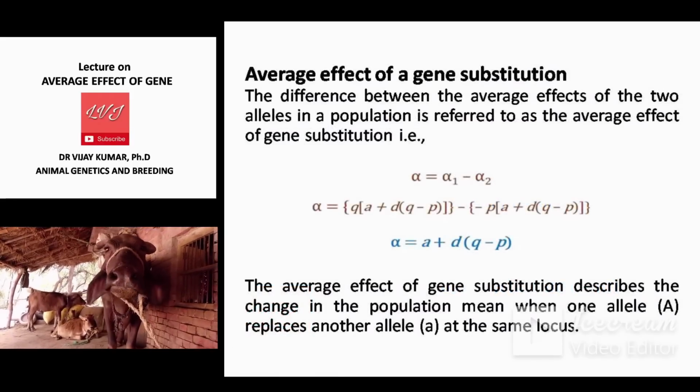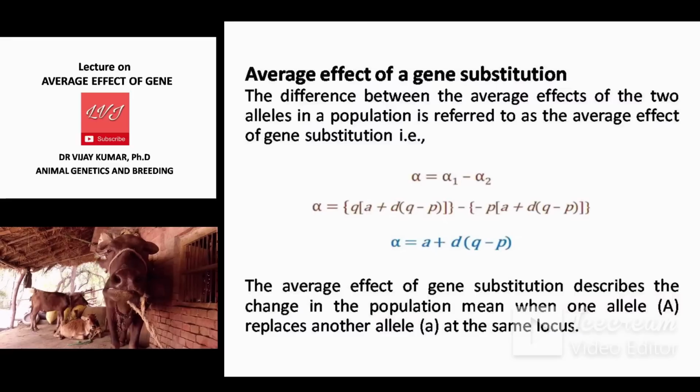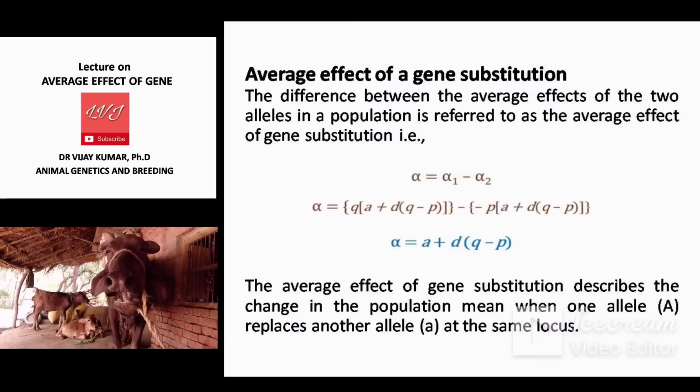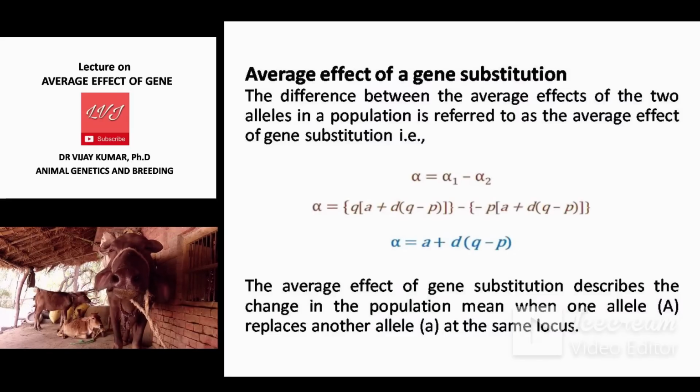Now we will see the average effect of gene substitution. The difference between the average effects of the two alleles in a population is referred to as the average effect of gene substitution. So the average effect of gene substitution, denoted by alpha, equals alpha 1 minus alpha 2.